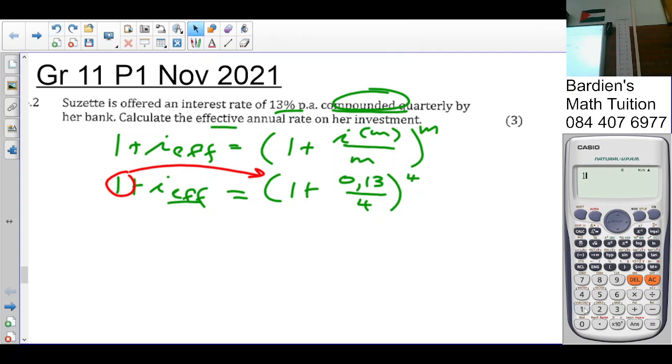So it's going to be 1 plus 0,13 over 4 to the exponent 4. Get an answer, then minus 1. Gives you 0,1365. However, they want a rate, so what must I do with this? Multiply it by 100. Okay, which gives us 13,65%.